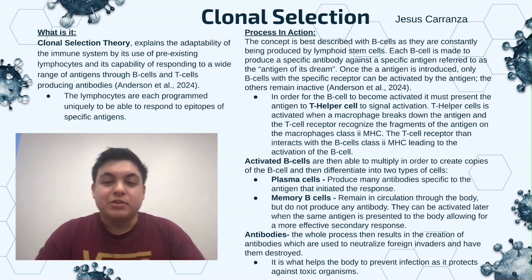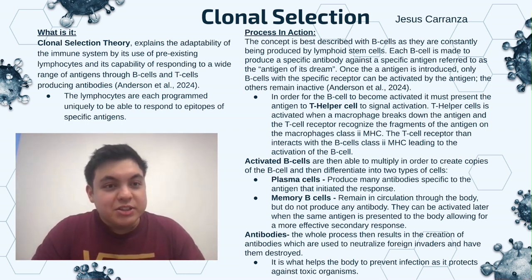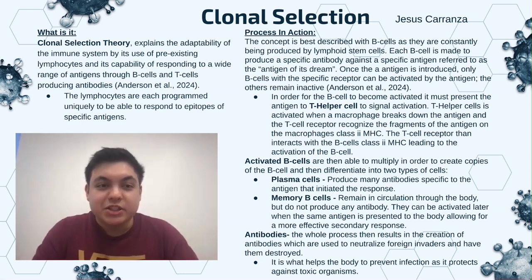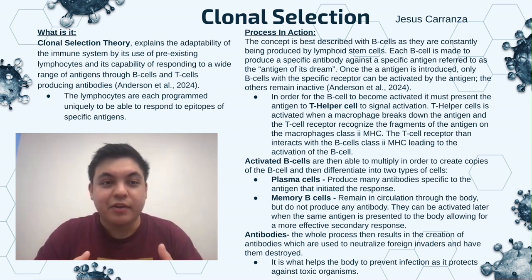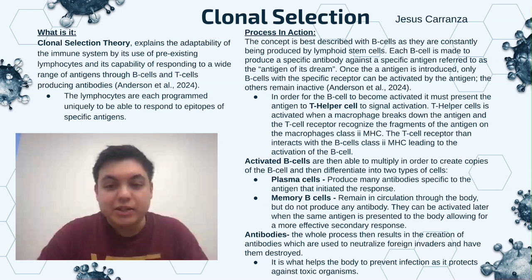The plasma cells are responsible for producing the actual antibodies for the specific antigen, and then the memory B cells remain in circulation for future production, so that if the antigen were to come back again, it would be able to have a secondary response that's more effective in getting rid of the antigen. And this whole process is basically to help against infection in the body.